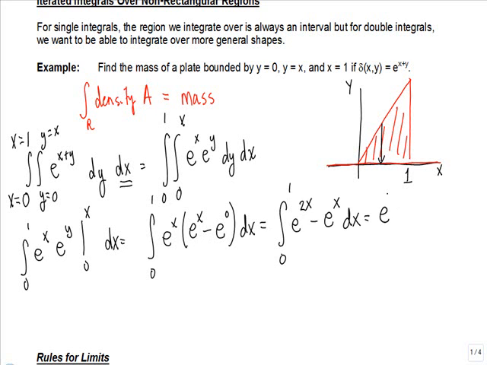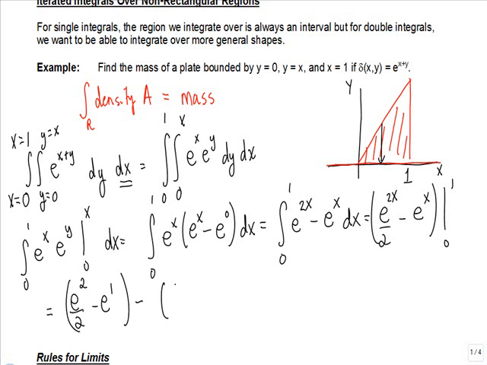Now I do the integration here. Integral of e to the 2x is e to the 2x divided by 2. Integral of e to the x is e to the x. And I'll do that from 0 to 1. If I integrate, that would give me e to the second when I substitute in the numbers, divided by 2 minus e to the first.